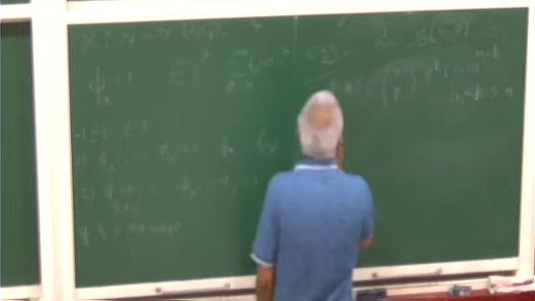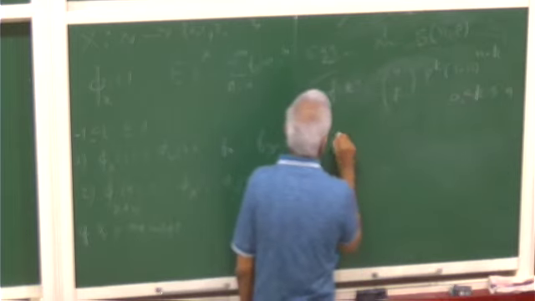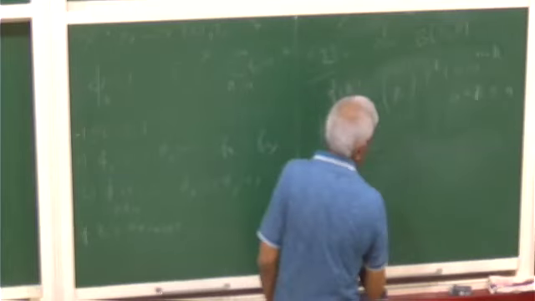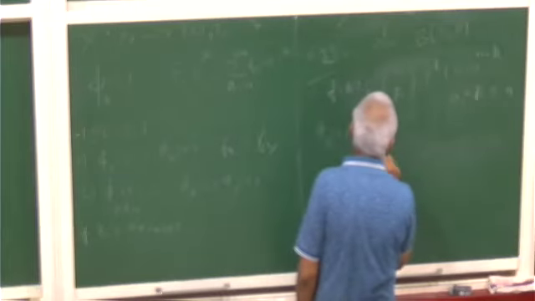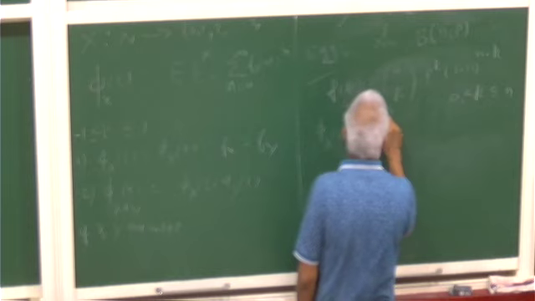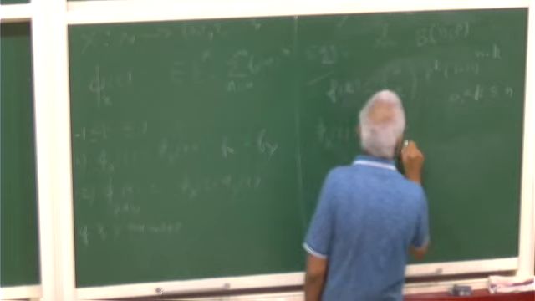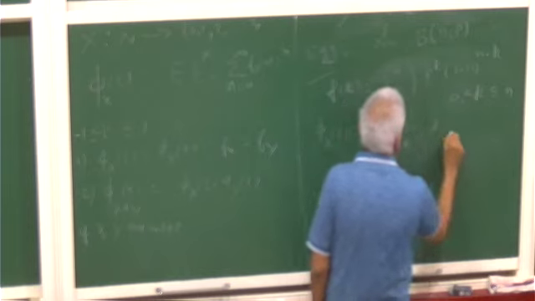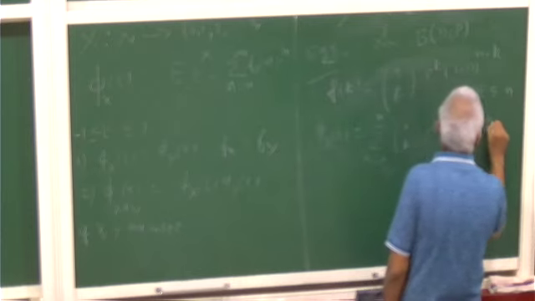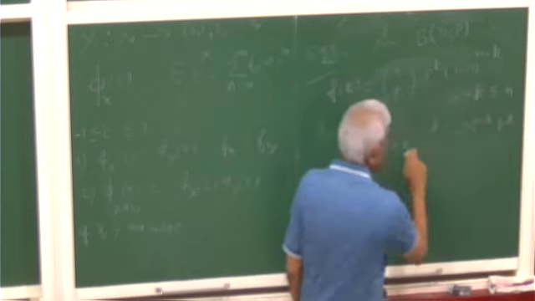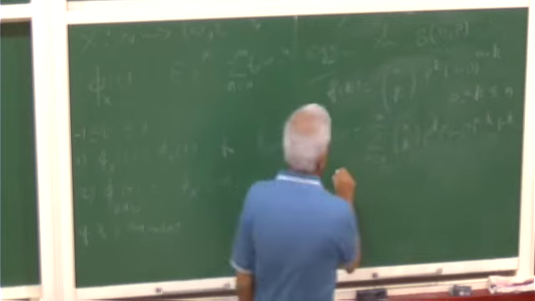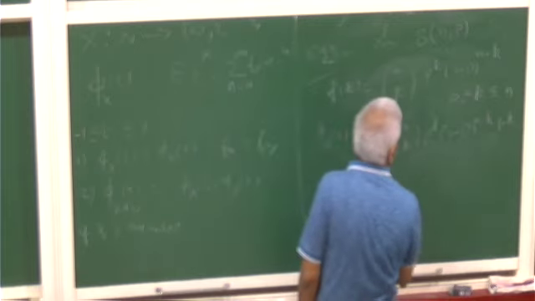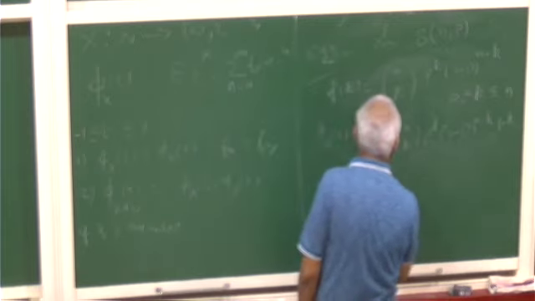Then P_X(t), the sum is just a finite sum, k equal to 0 to n, of nCk p power k (1 minus p) power (n minus k) t power k. You can take this t power k with p power k, and this is just (tp plus 1 minus p) power n.